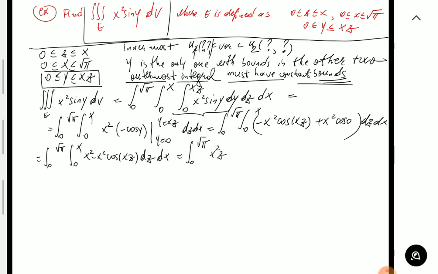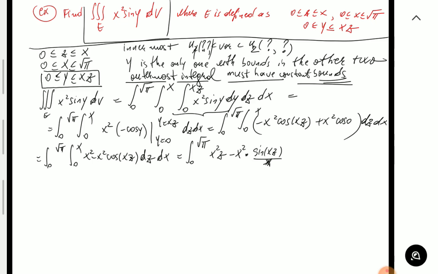And minus x squared times the integral of cosine of xz, that requires a u substitution for xz, right? The variable is z. So the integral of cosine is going to be sine of xz, but I'm going to have to divide this by x to compensate for that chain rule.